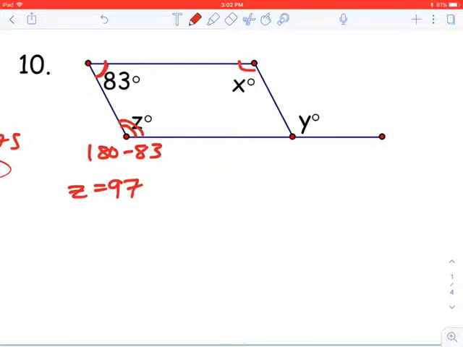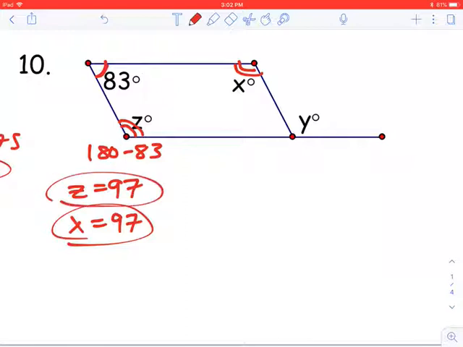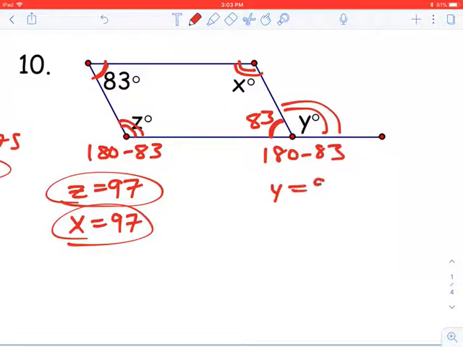And if that's 97, x is also 97 because they're opposite. Okay? And so finally, to find y, opposite angles are congruent. So this is 83. Well, if we're looking at 83 there, this and this are supplementary. So 180 minus 83 again. So y also equals 97. And there we go.